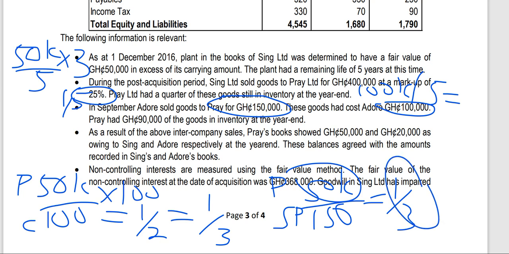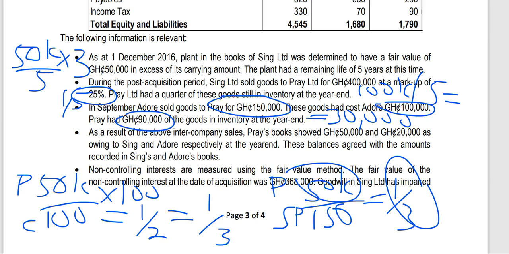And so if the margin is 1/3, and 90,000 of the goods have not been sold, then a third of that 90,000 is your unrealized profit. A third of 90,000 is 30,000. So the total unrealized profit on this sale is 30,000.